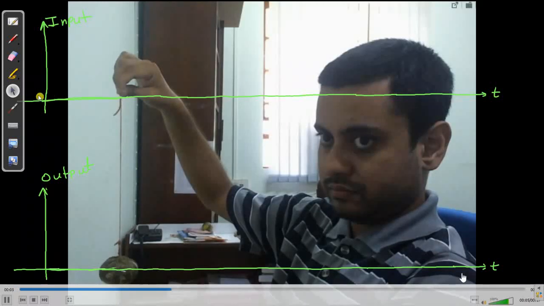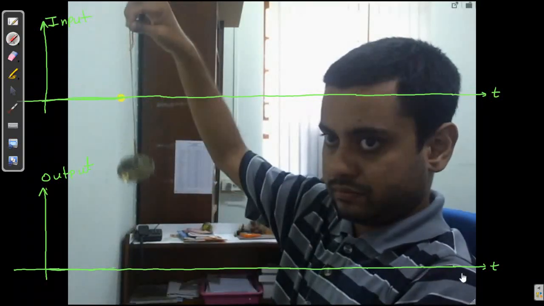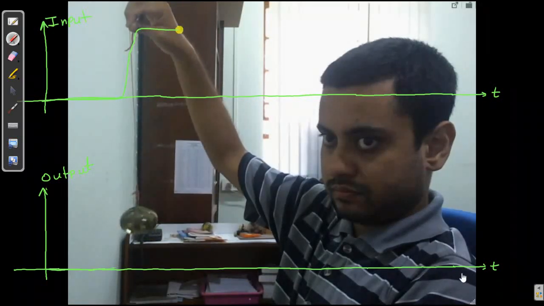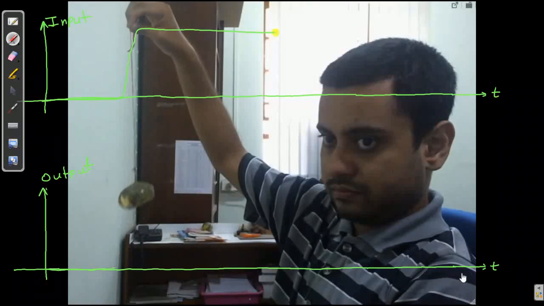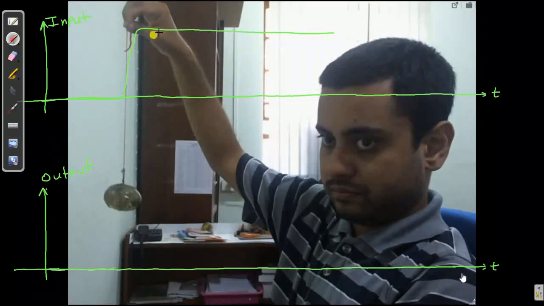Currently the input is 0, and then at this point the input is increased quite fast and then it is kept constant afterwards. So this is how the input signal looks.